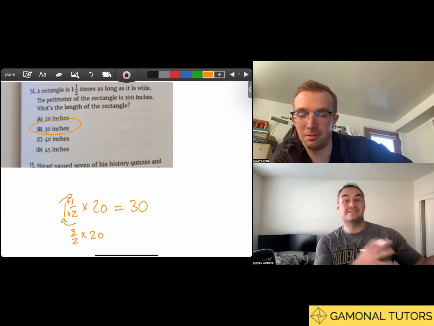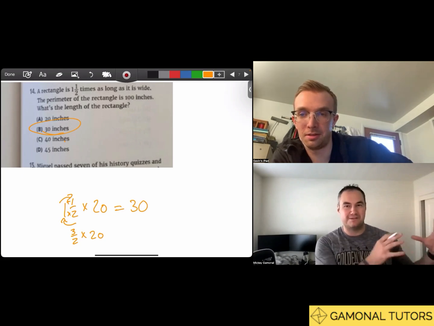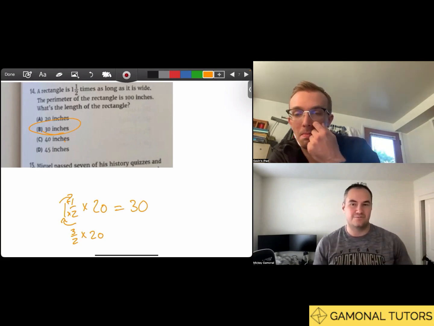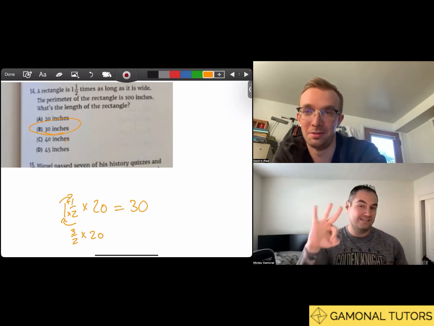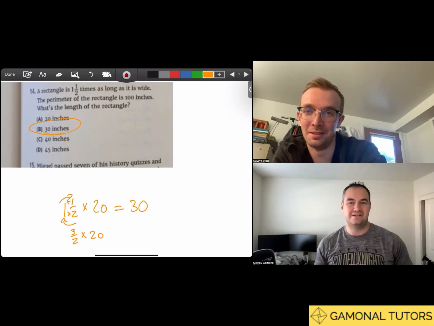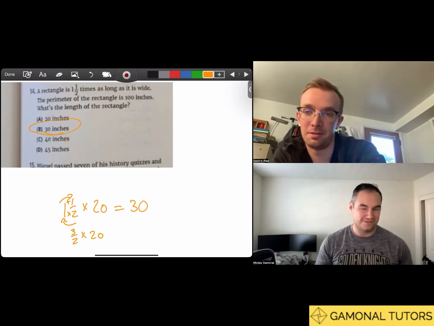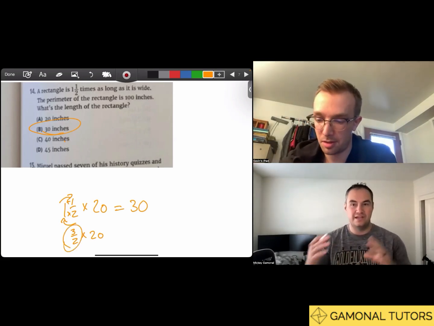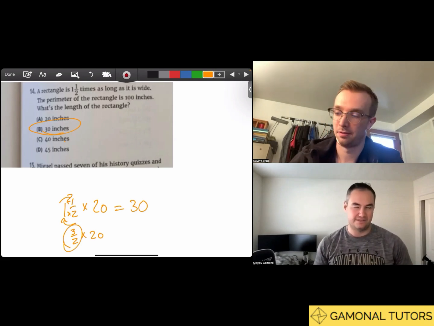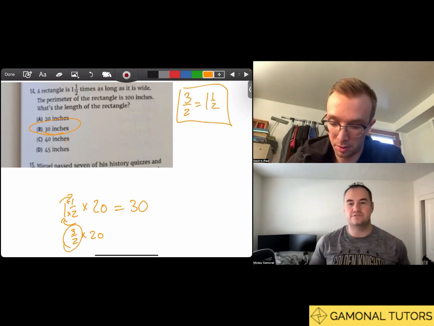No, 6 socks is 3 pairs of socks. But if you have 3 socks, how many pairs do you have? 1.5. That's important. 3 halves is equal to 1.5. 3 halves is 1.5. This is like a fundamental truth.